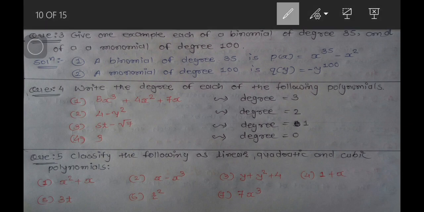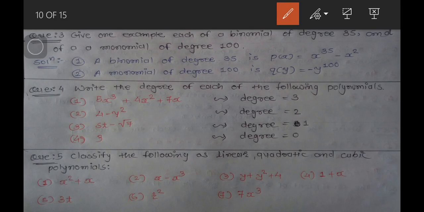Now the third question: give one example each of a binomial of degree 35 and of a monomial of degree 100.